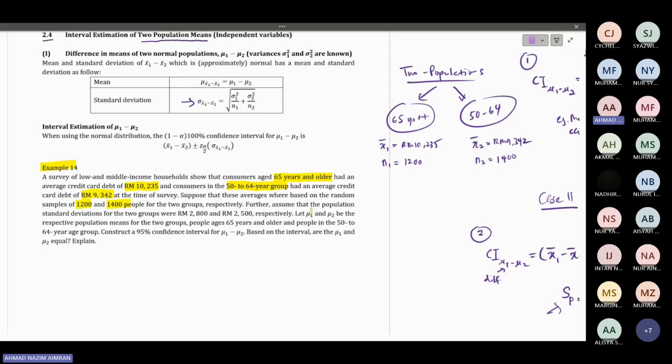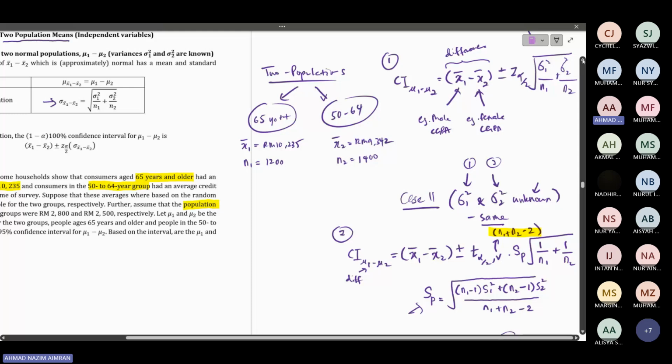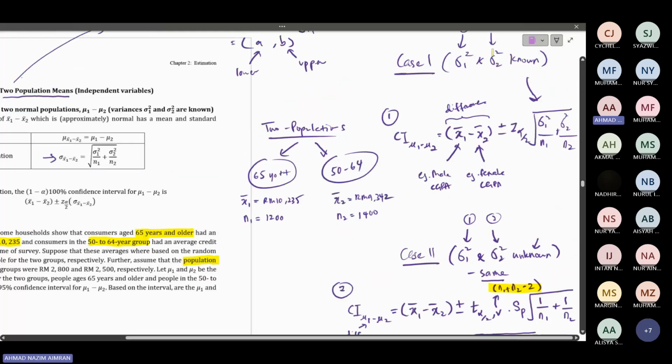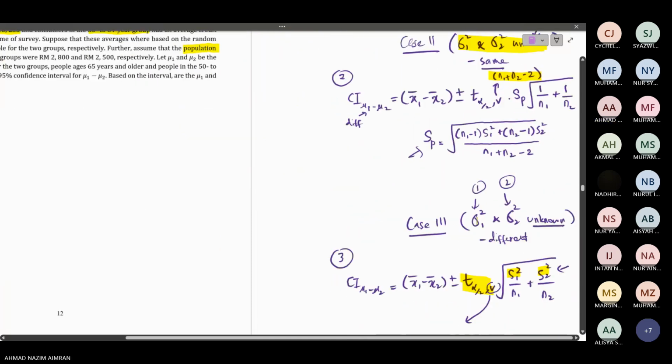Further, assume that the population standard deviations are given. Now, this is the keyword: population standard deviations. Remember, we have three cases. Case number one is when the population standard deviations are known. Case number two and case number three are unknown.